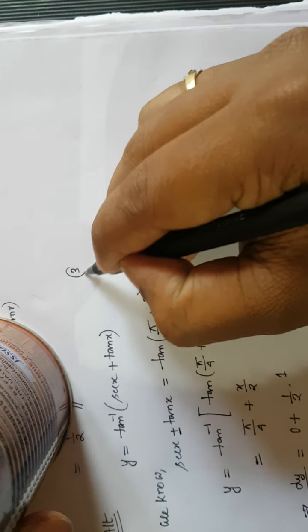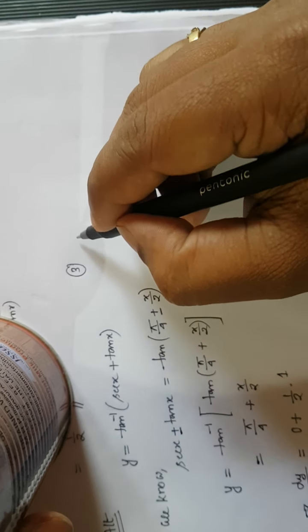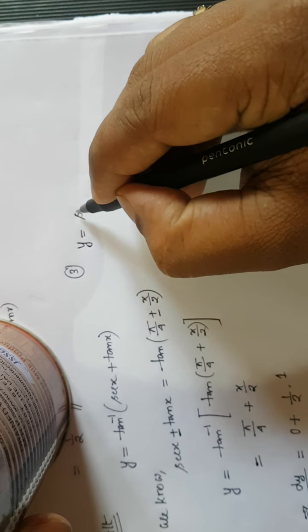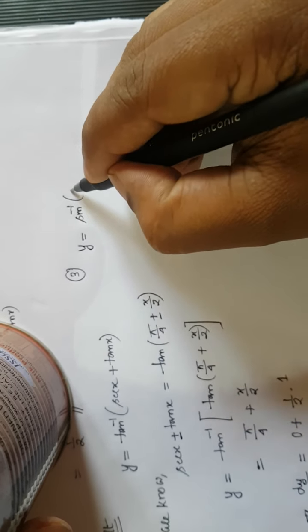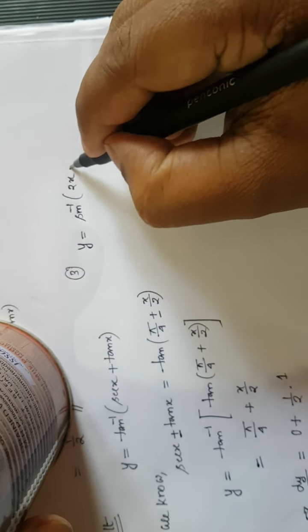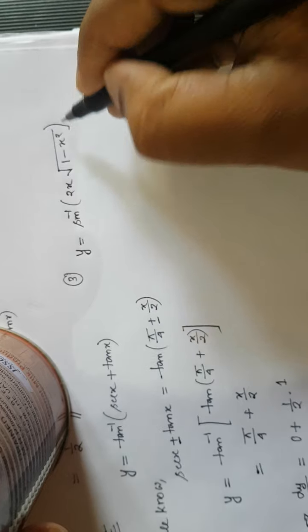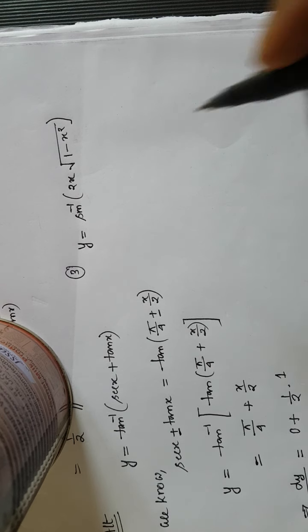Similar answer. Now we'll solve another question, almost the same. Number 3. You are given y is equal to sine inverse of 2x multiplied by root over 1 minus x square.